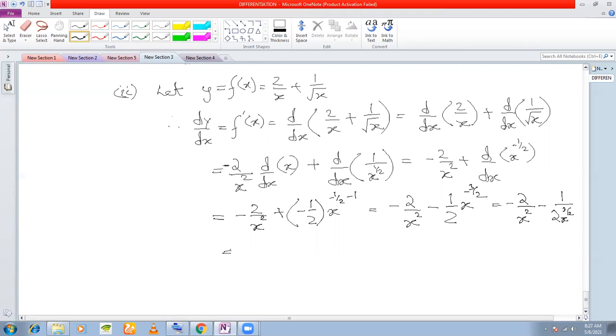A better way of writing this is minus 2 by x squared minus 1 by twice x to the power of 3 by 2.